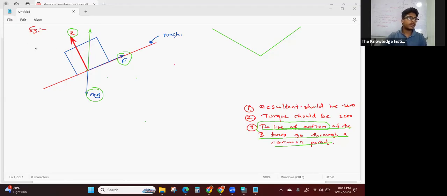So let's say I take the magnitude as S vector. S is the sum of R vector plus F vector. Then the S magnitude will be equal to mg, if it's in equilibrium.